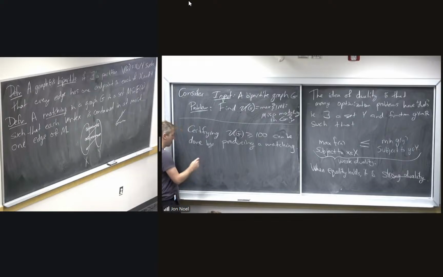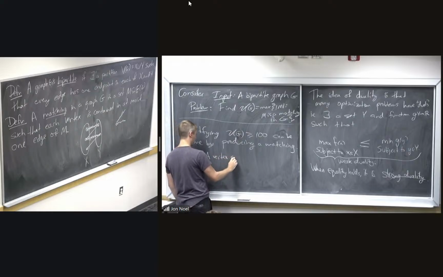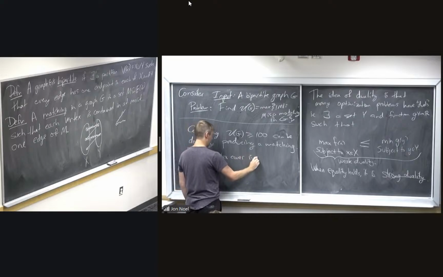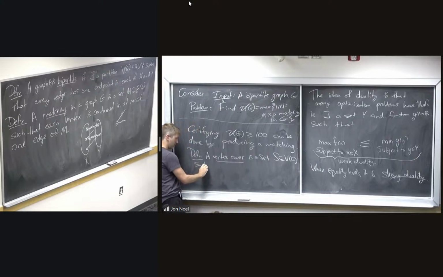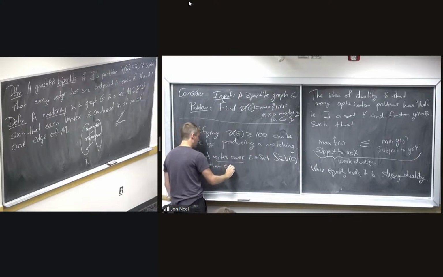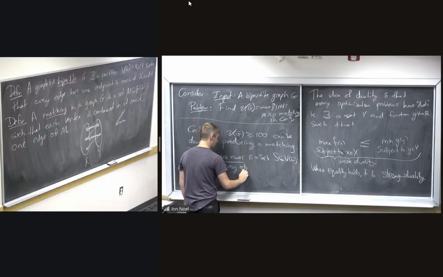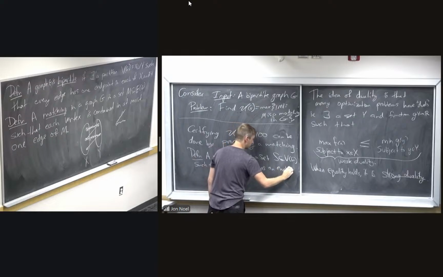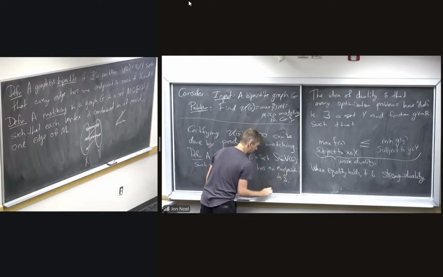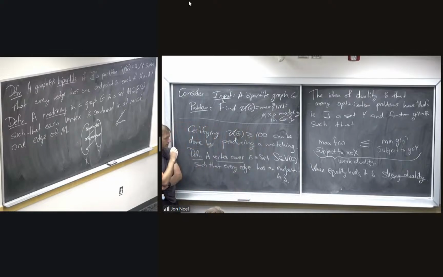So I'm going to make a definition. A vertex cover is a set S of vertices in a graph such that every edge has an endpoint in S. Okay.